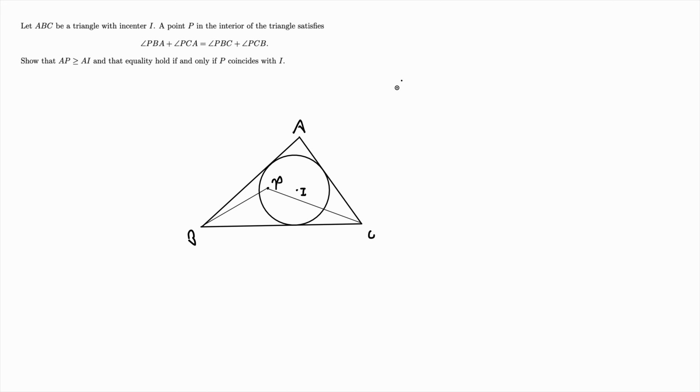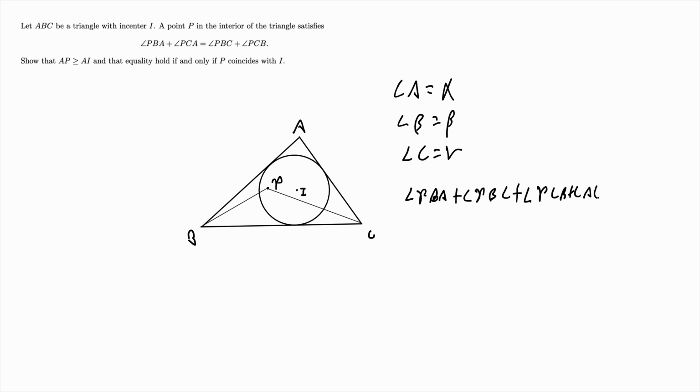Let angle A be alpha, angle B be beta, and angle C be gamma. Then notice that angle PBA plus angle PBC plus angle PCB plus angle ACP equals 180 minus alpha.